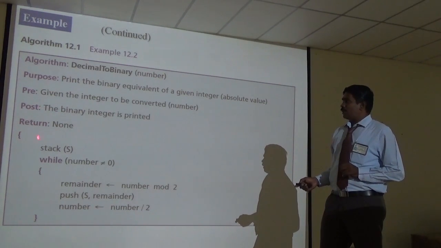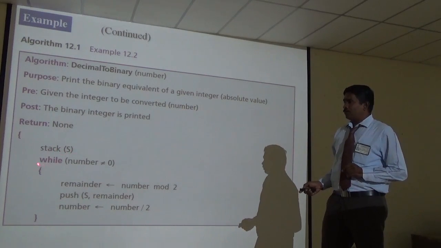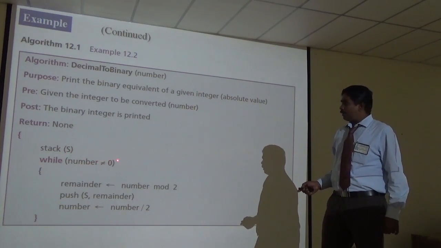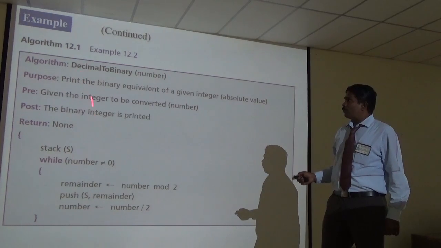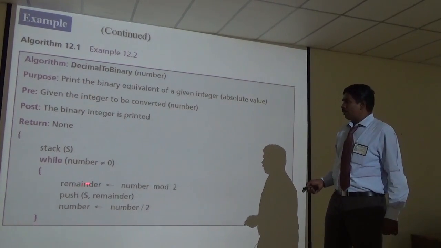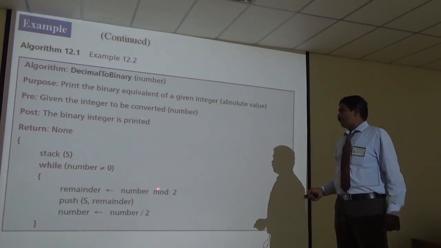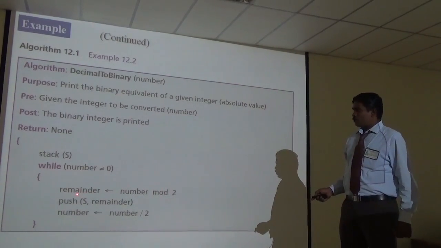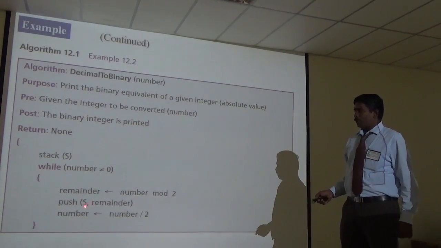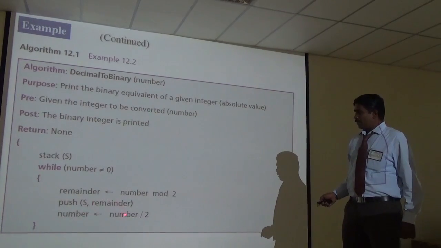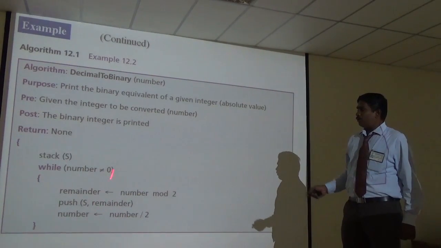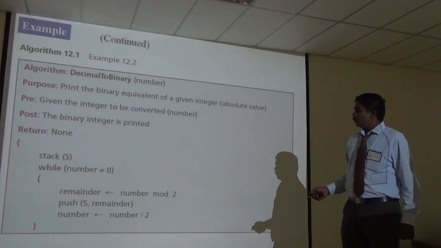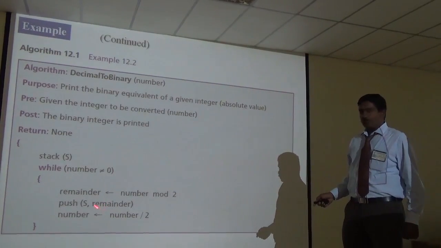We create a stack S. While the given number is not equal to 0, for example 26, the number is divided by 2 and the remainder is computed, then the remainder is pushed into the stack. Then the number is divided again, and as long as the number is not 0, all the remainders are pushed into the stack.